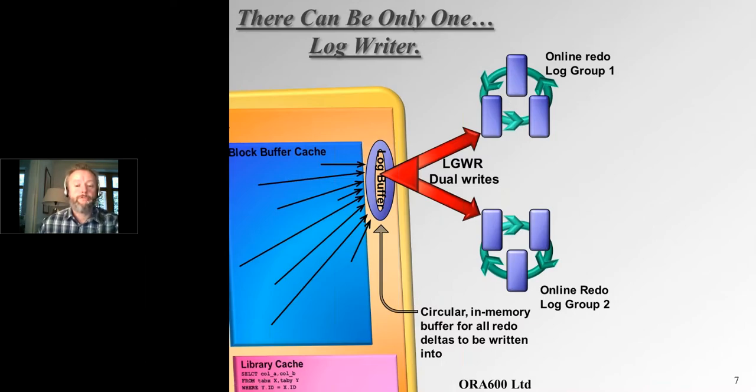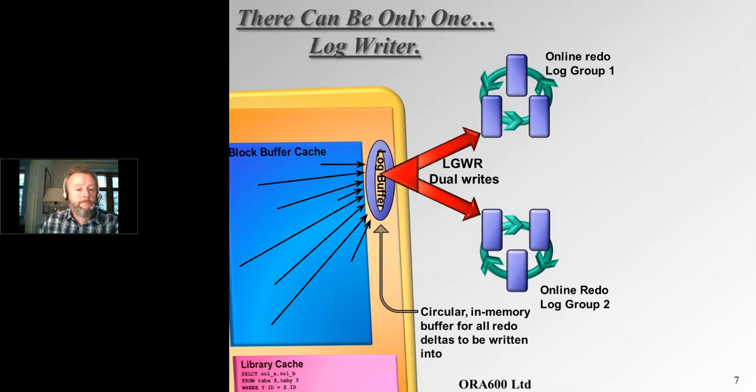Now very often, these are duplicated. There'll be 2 or 3 or 4 sets. And it's absolutely vital for the safety of your database that you duplex or triplex the online redo logs. So you have 2 groups or 3 groups. And the log writer will write to both of them, or all 3 of them, depending on how many you've got. And the reason that you always have more than one group is one of these files could get damaged.